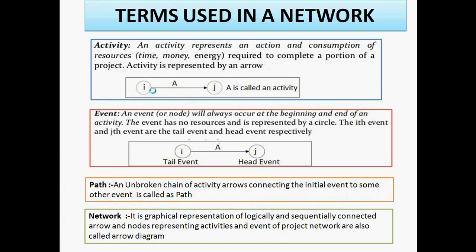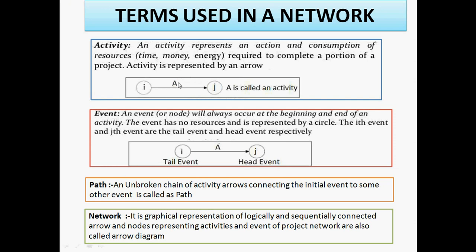Now we go to the discussion of how to use the network, how to create networks in our techniques. First is activity, second is event, third is path, and fourth is network. Here activity means the consumption of your time, money and energy.